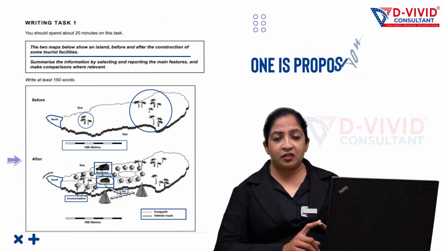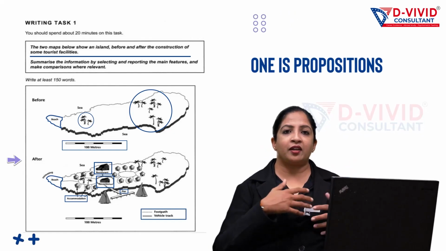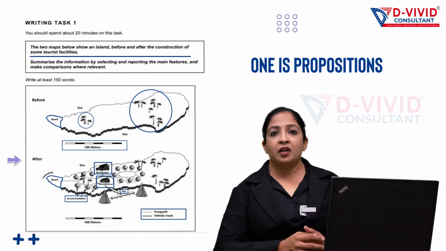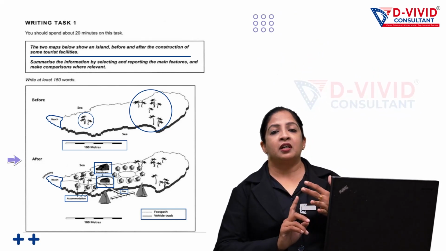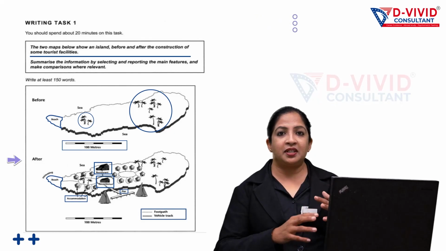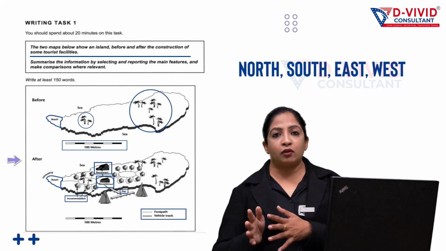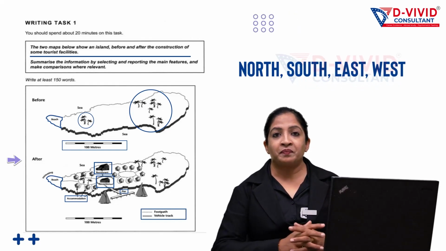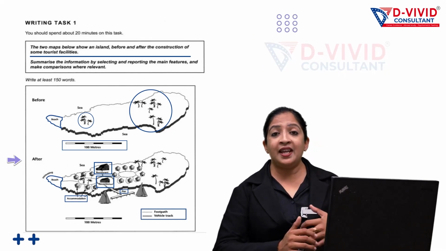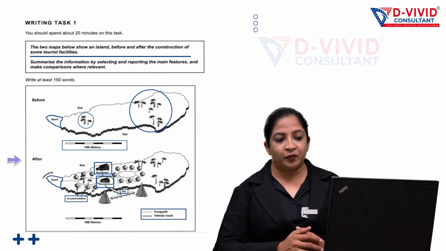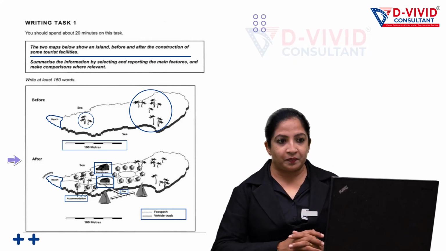One is prepositions, such as in front of, behind, opposite, across. But along with this, the inclusion of directions, which means north, south, east, west, northeast, northwest, southeast, southwest, are also to be included. So while explaining this structure, I am going to include all these words.